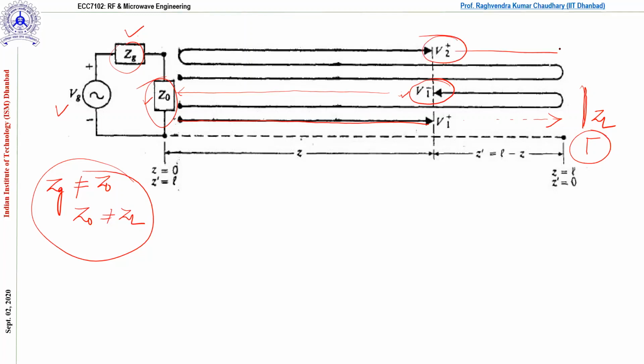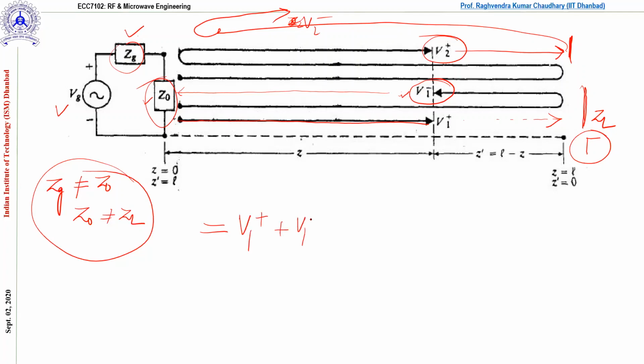Then the V2 plus hits the load and is reflected back again, and this goes on like that. So this will be V2 plus, then V2 minus, and it will keep going on. So finally we can say V1 plus, V1 minus, plus V2 plus, V2 minus, like that.